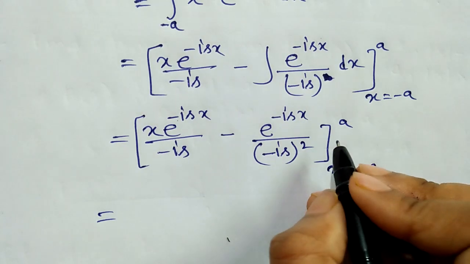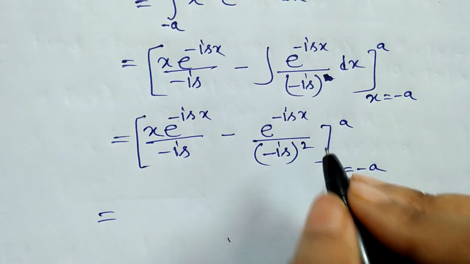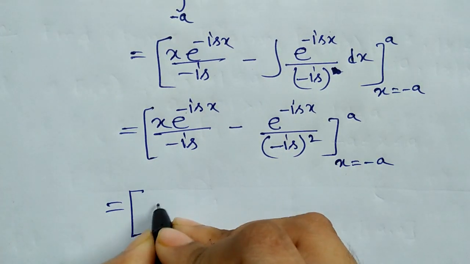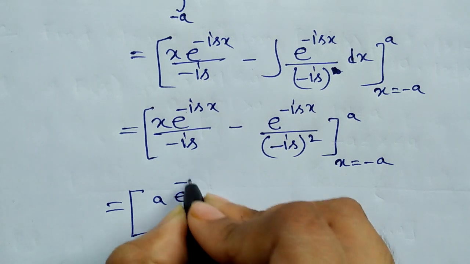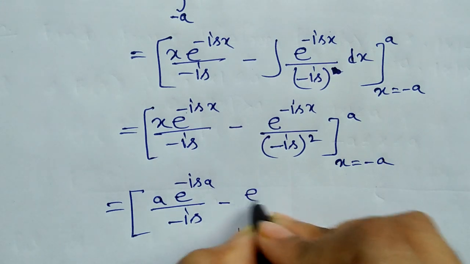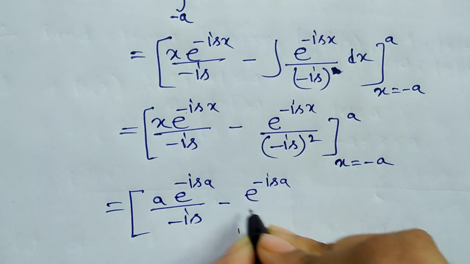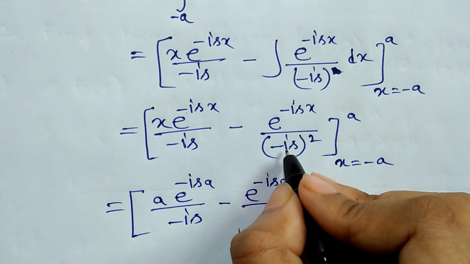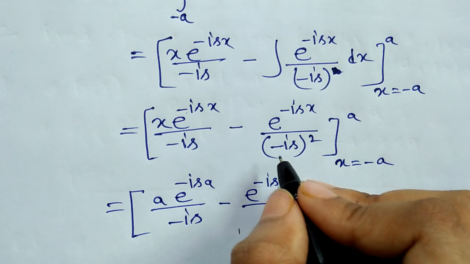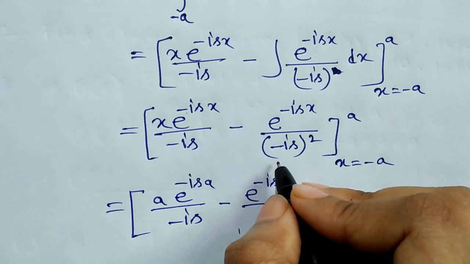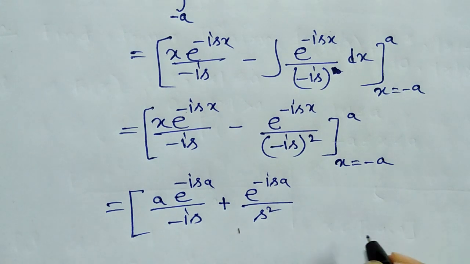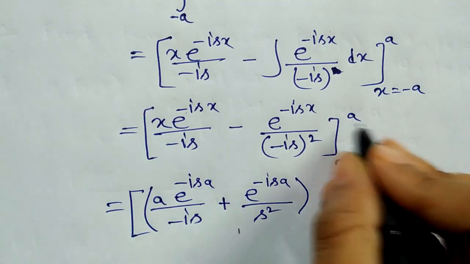So we first put the value a and then minus a. Therefore a e to the power minus isa by minus is, minus e to the power minus isa by this one will be i squared s squared, and i squared means minus 1, so minus minus plus s squared. This is for a.